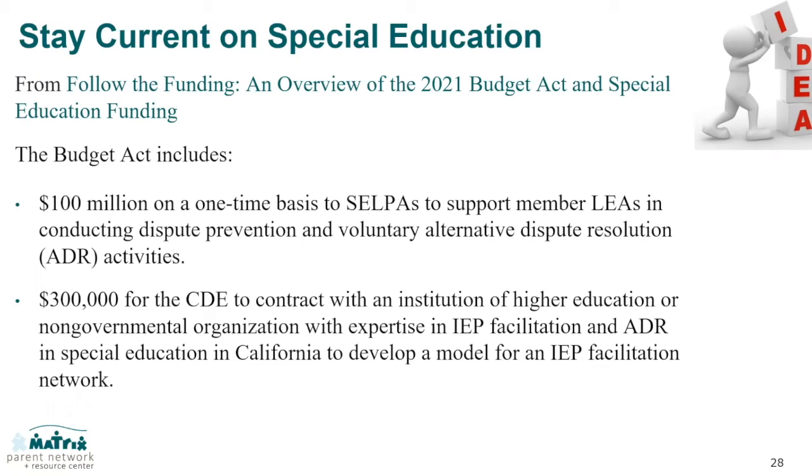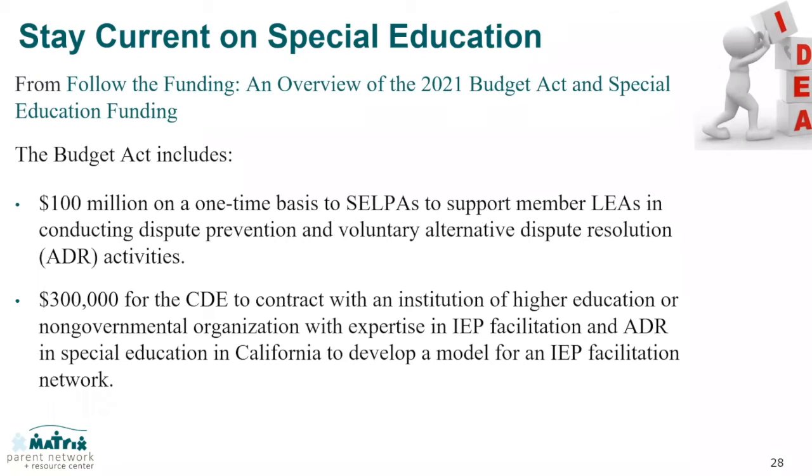And then there'll also be $300,000 to contract with a non-governmental organization that has expertise in IEP facilitation. IEP facilitation is not currently offered throughout California, although some districts and SELPAs do offer it.